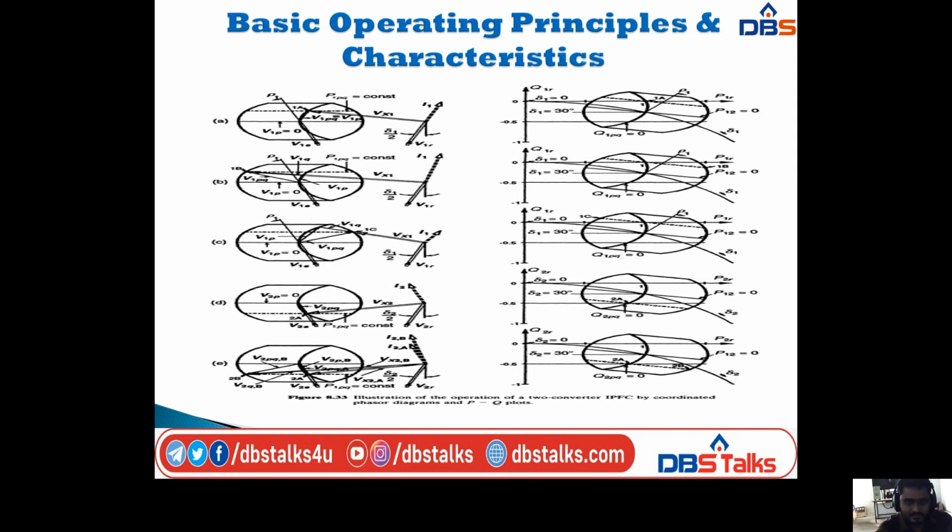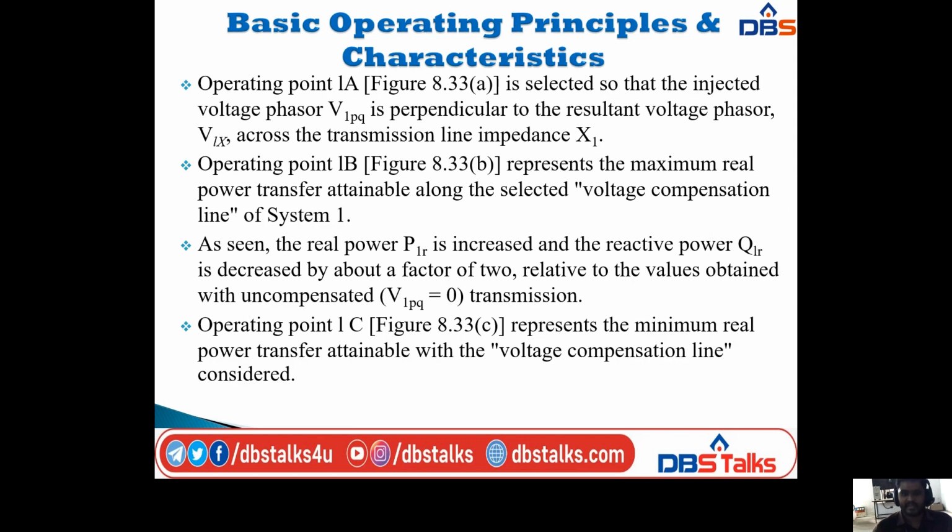Coming to the operating point 1A, this operating point is selected so that the injected voltage phasor, that is V1PQ, is perpendicular to the resultant voltage phasor, that is V1X, across the transmission line impedance X1. Coming to the second operating point, 1B, it represents the maximum real power transfer attainable along the selected voltage compensation line of system 1.